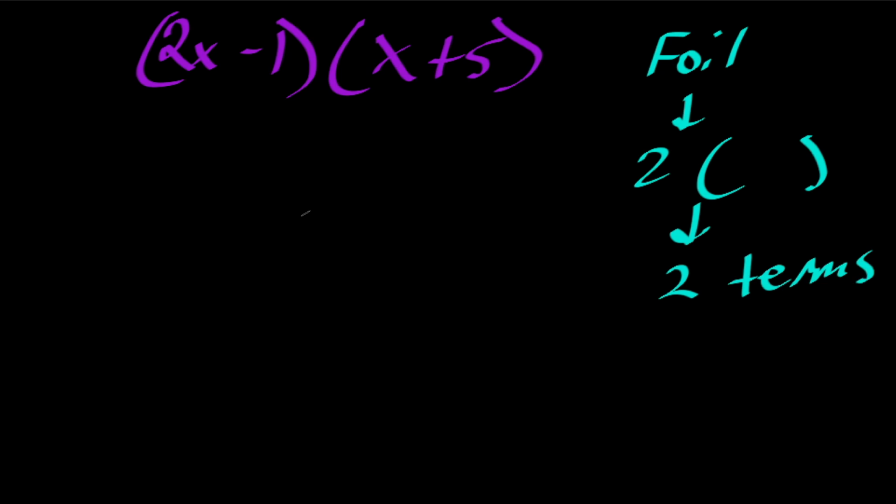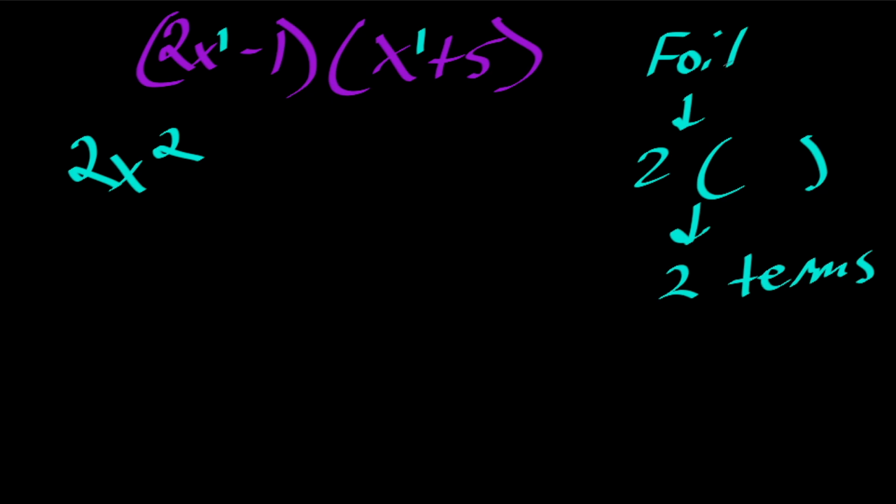Now, there's also an alternative, but here's basically what FOIL looks like. You take 2x and you're going to distribute that to x. That would be the first, because they're both the first in the parentheses. So we're going to take 2x times x, which would give me 2x squared. Because remember, when we are multiplying variables, we add the exponents that they have.